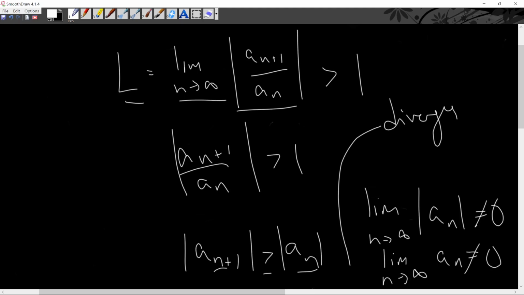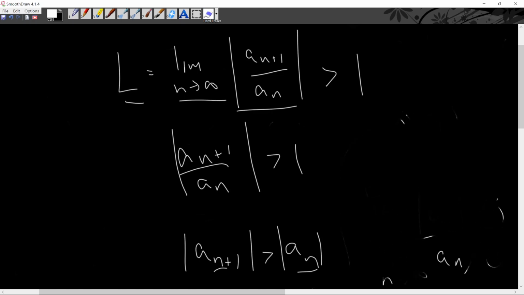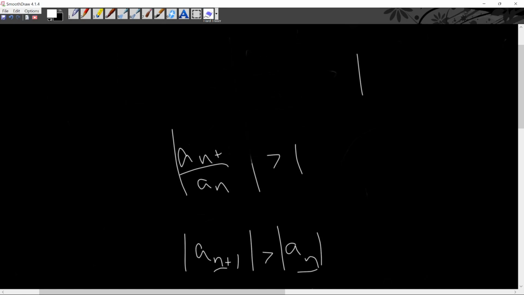There's no equal to on this one, so this is strictly monotonically increasing, which means that the limit as n approaches infinity of a sub n is not 0, which means that the limit as n approaches infinity of regular a sub n, regardless of the absolute value, is also not equal to 0, which means it does not fit the nth term test for divergence, which means that we are left with something that is divergent. So if L is greater than 1, it diverges. If L is less than 1, then it converges. And again, if L is equal to 1, we have to do more tests. And I hope it makes sense why that works.